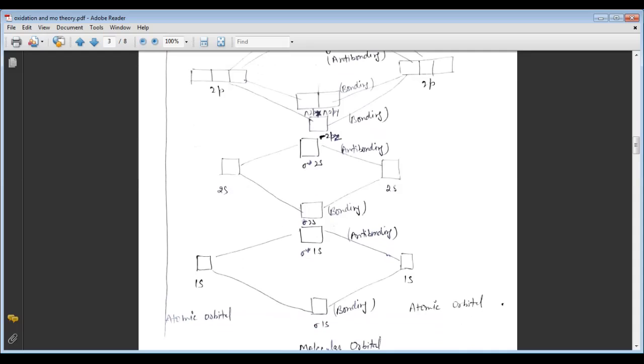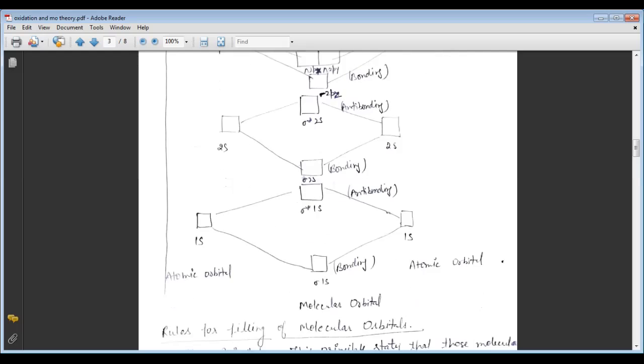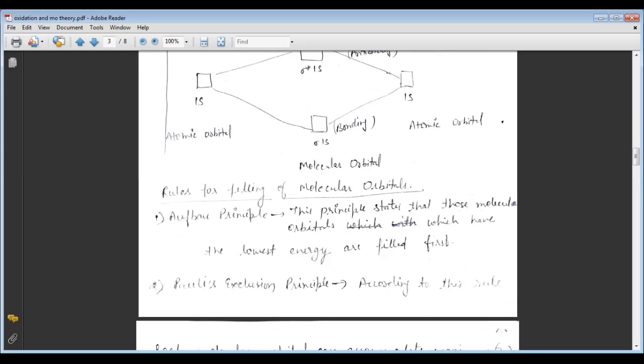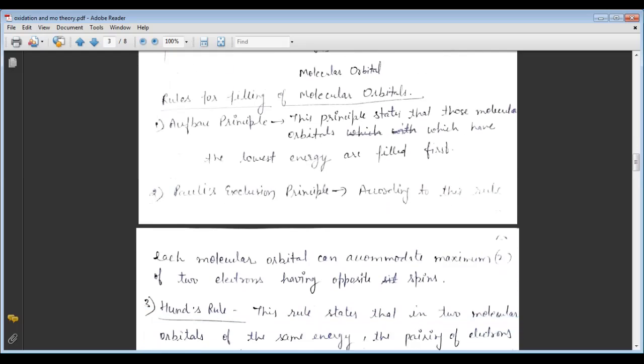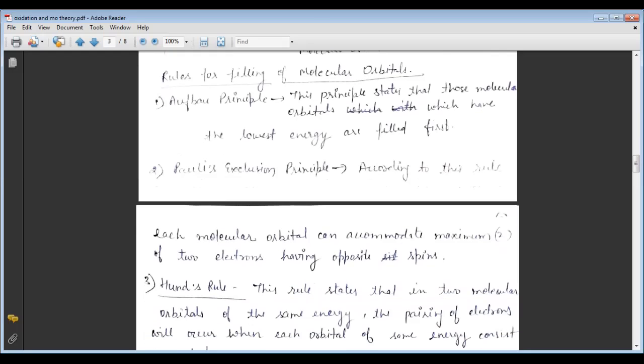Here I want to say how we can represent the molecular orbital energy level diagram. This is the representation, and there are some rules for filling the electrons in these molecular orbitals. We have already learned in the 11th and 12th class how we fill electrons in orbitals.